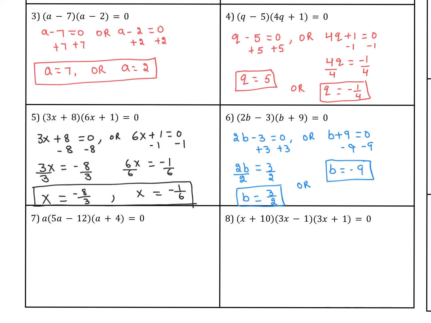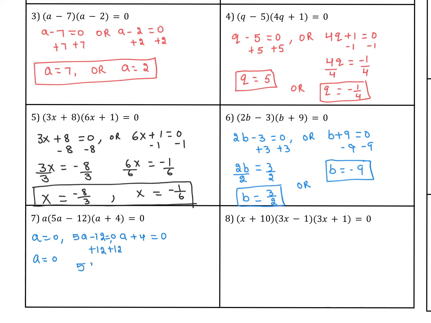For number 7, you have three factors: a, 5a minus 12, and a plus 4. You're going to put them equal to 0 one by one, and then you're going to solve for a by applying the opposite operation. A equals 0. So here you're going to add 12 on both sides.